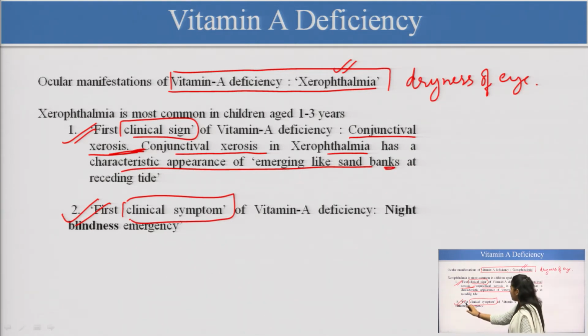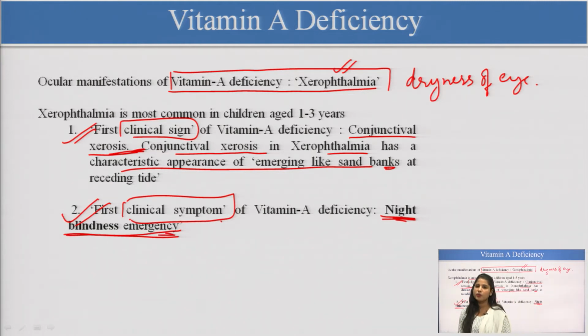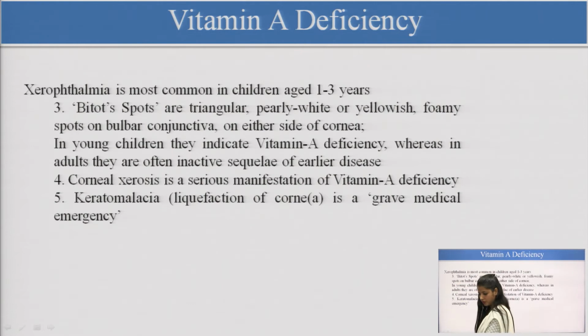Then the first clinical symptom is night blindness. The person will ultimately reach a stage where the vision will be disturbed at night, so that is called night blindness. Now, there are other conditions also associated with vitamin A deficiency, such as Bitot spots.